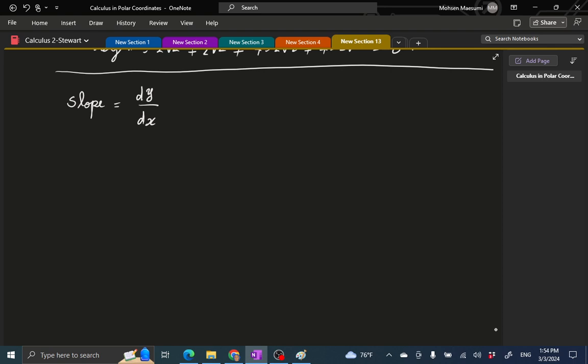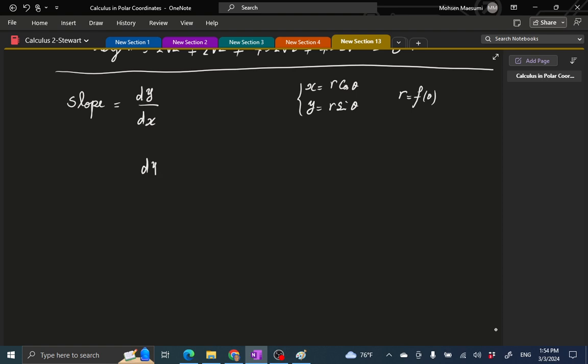Well, this is an example of what we did for parametric equations. We just apply that case here. We know that our transformation formulas are r cosine theta for x and r sine theta for y, and r itself now is taken to be some function of theta.